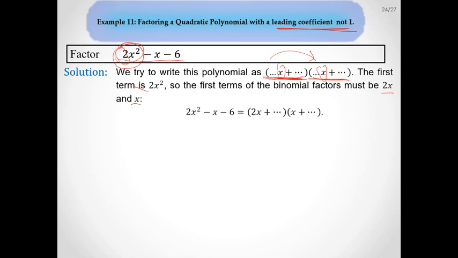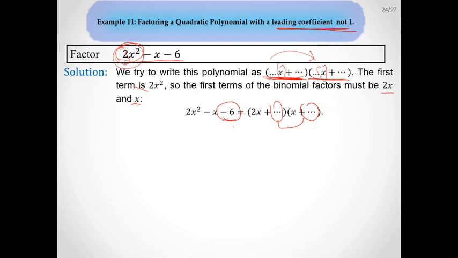Now, the next thing we have to do is try the other numbers here. So what can these numbers be? What are our options? When you multiply these two, you'll end up with -6, so they have to be factors of -6.